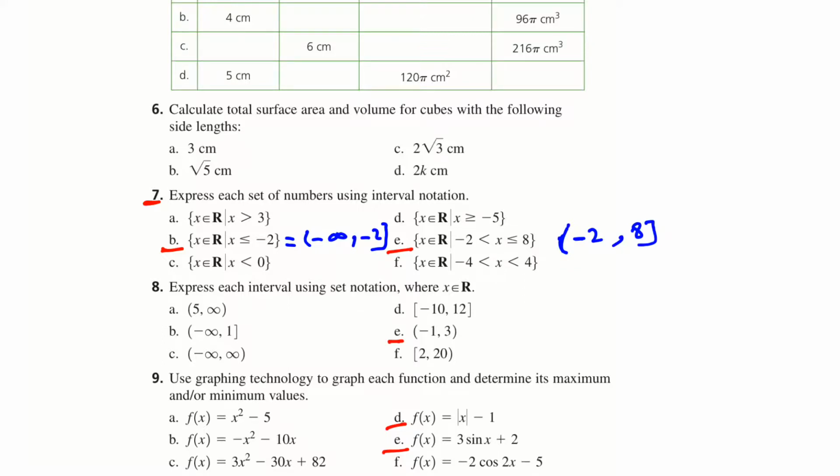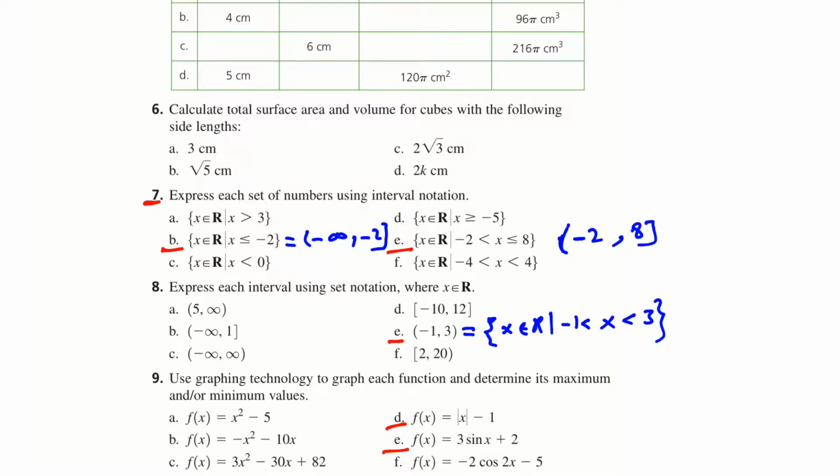Question 8. Express each interval using set notation. Open interval negative 1 to 3, which is all real numbers greater than negative 1 and smaller than 3.